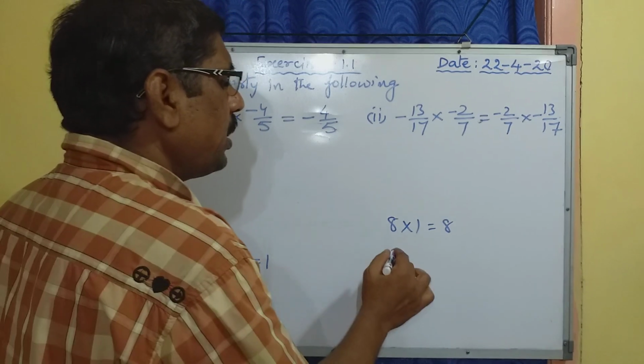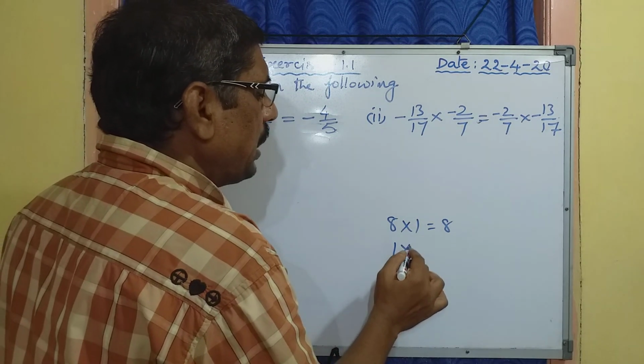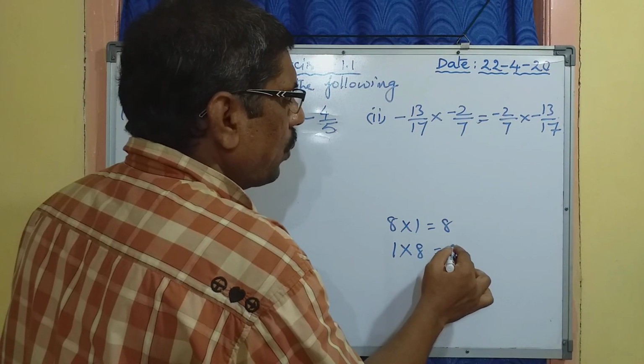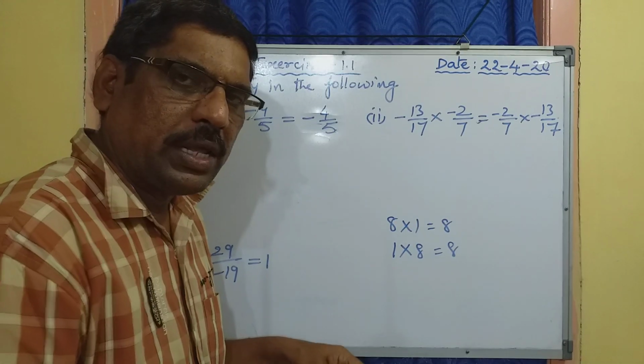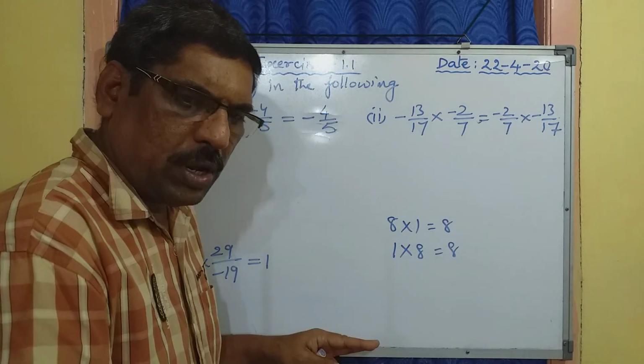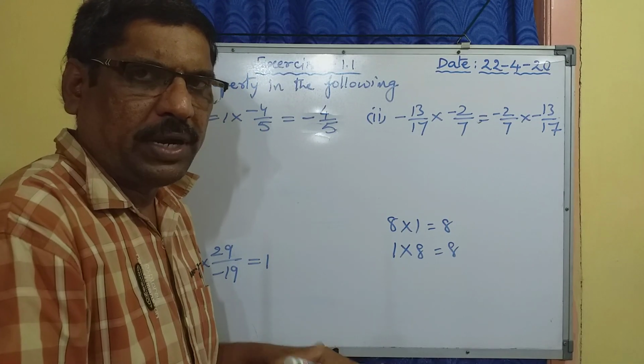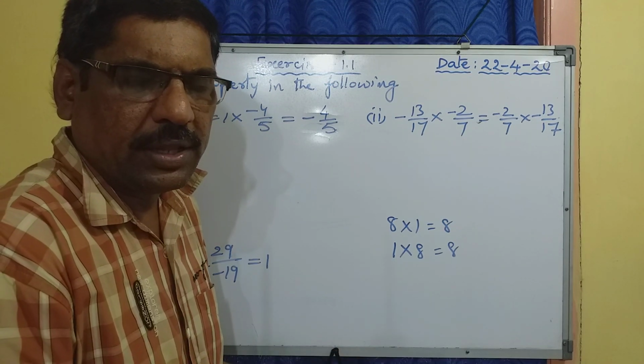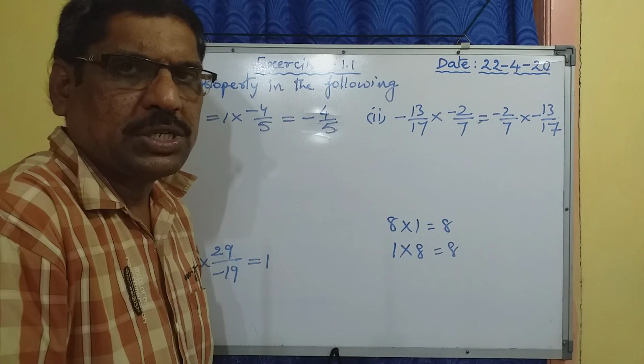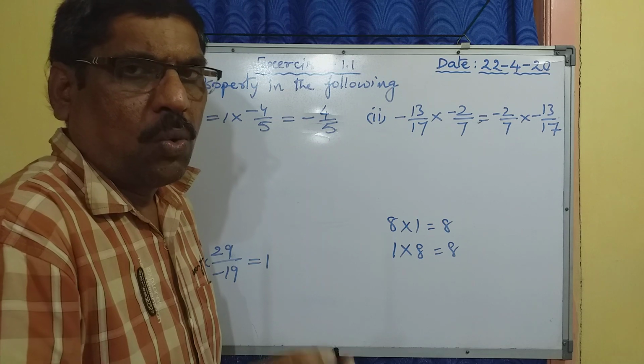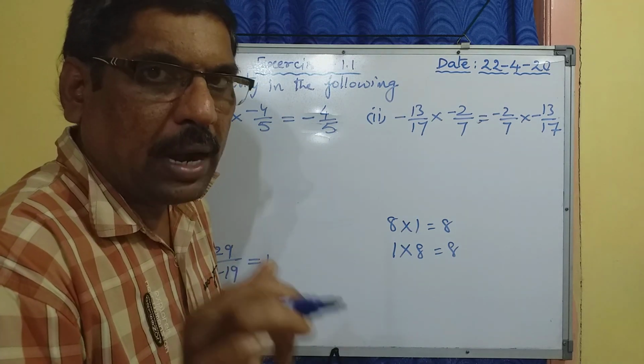In the same way, if 1 multiplies with 8, the product will be 8. Whether we multiply 8 with 1, or 1 is multiplied with 8, you will get the same value again. There will be no change in multiplication with 1. So 1 is called the multiplicative identity.